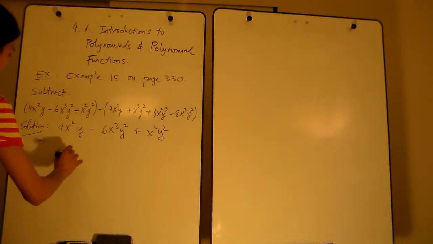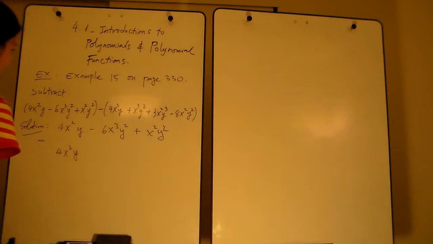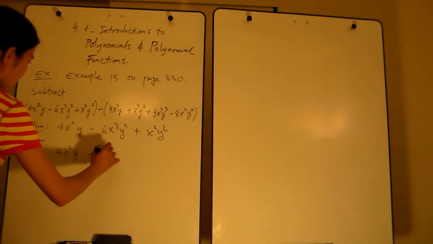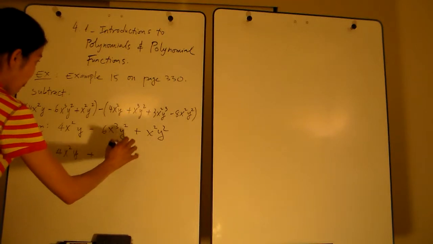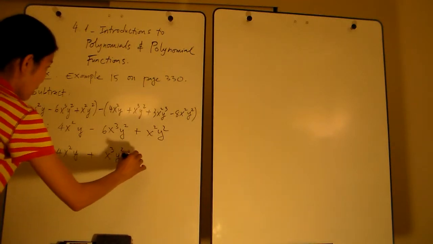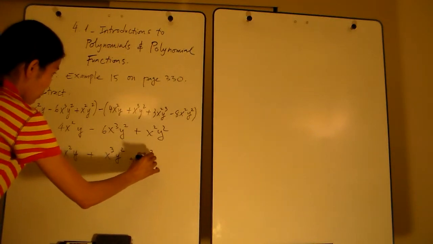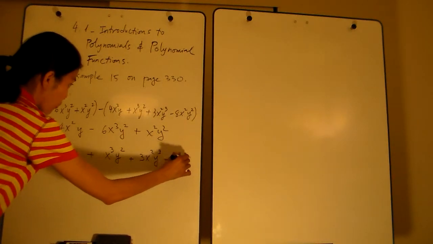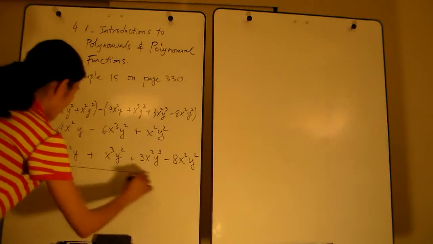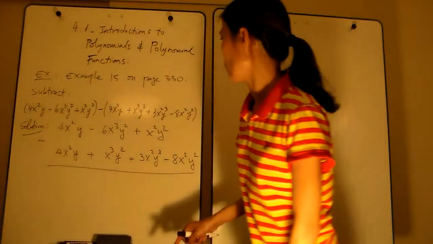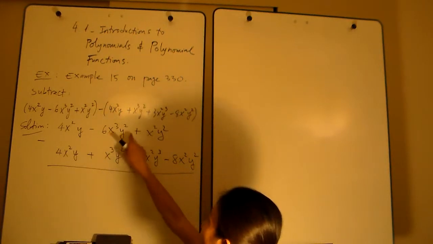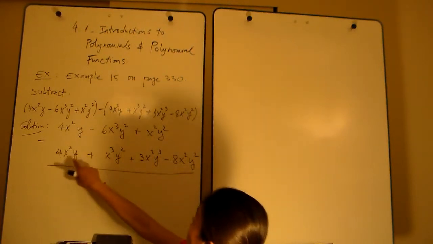4x squared y plus x to the third power y squared plus 3x squared y to the third power, subtract 6x to the third power y squared... Okay, let's check what we copied. 4x squared y subtract 6x to the third power y squared plus x squared y squared.